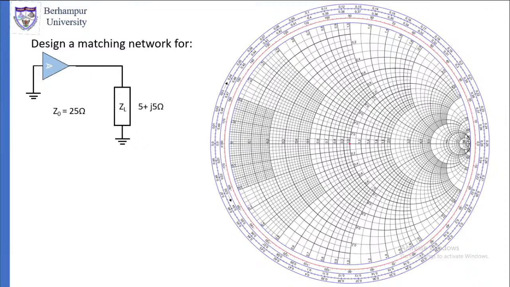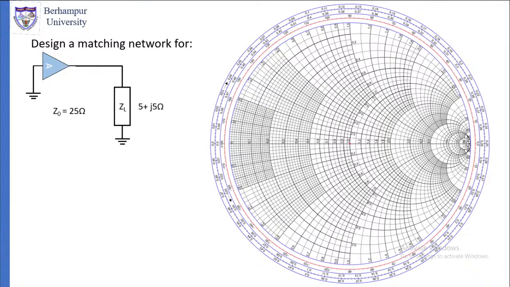We have to match these two. Output impedance is to be matched to the load impedance. If we can do that, then the maximum power transfer theorem will be satisfied and maximum power will be transmitted from the amplifier to the load.